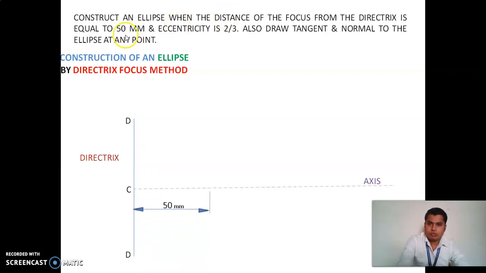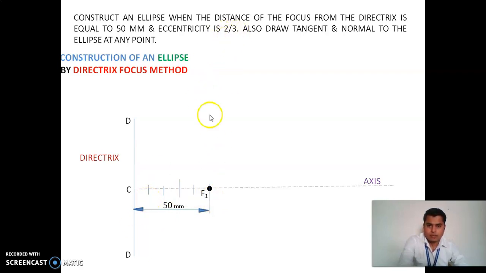What is given to you is 50 mm, the distance of the focus from the directrix. So at 50 mm the point F will be there. Here is the point F, that is F1, at 50 mm from the directrix, a fixed point. As the eccentricity is given as 2/3, we need to divide this distance C to F1 into 5 equal parts, that is 2 plus 3, which is 5.